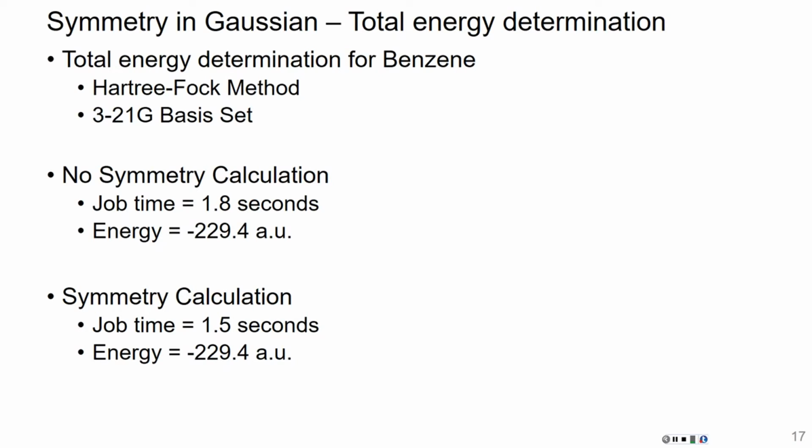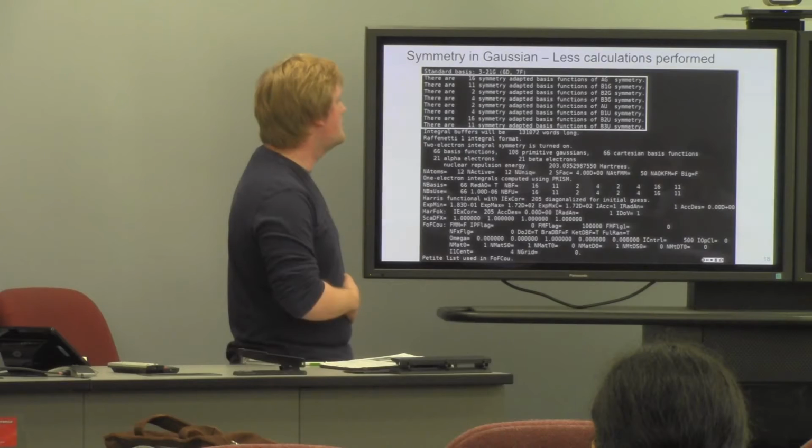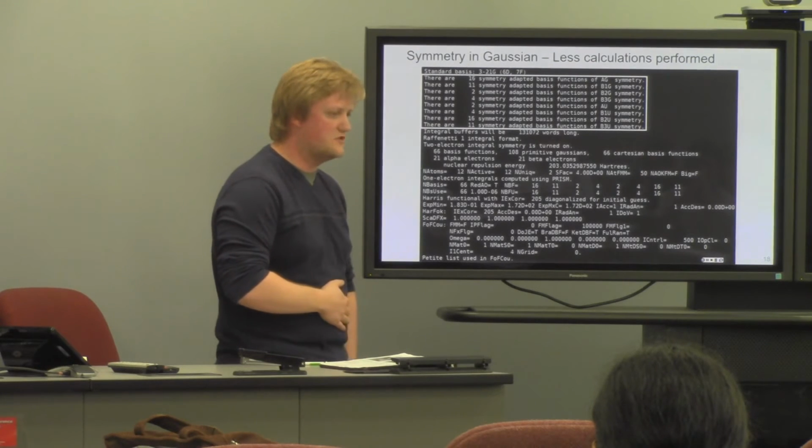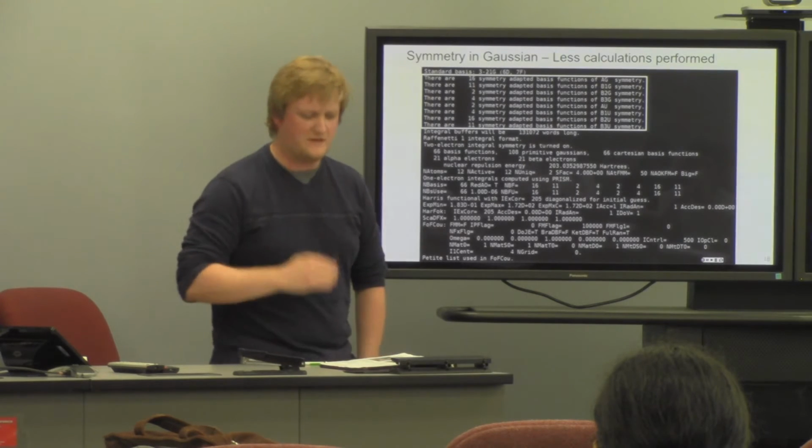However, if one were to do a more rigorous computation, this would become more useful. What's happening in the background, though, is that if you look at the log file, what's being generated are symmetry-adapted basis functions instead of just the basis functions that you were initialized with.